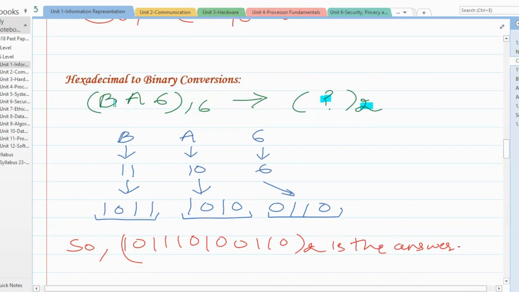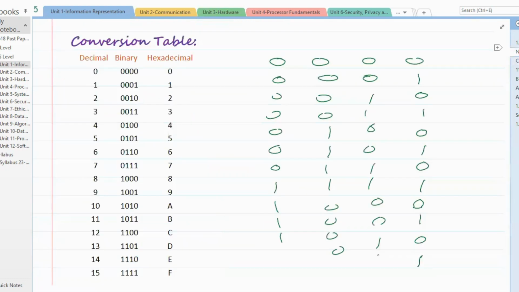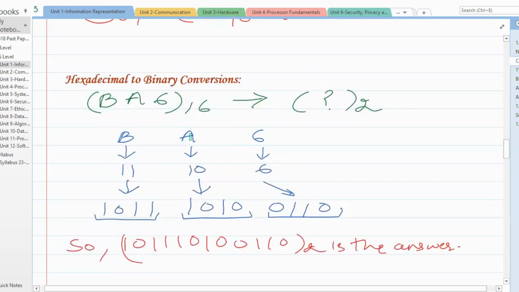Now, BA6, we will treat them as individual digits and we'll look for the individual equivalent binary number in the table that I have just shown you. So if you look here, B is 1011, right? So if I go back, B is 1011.